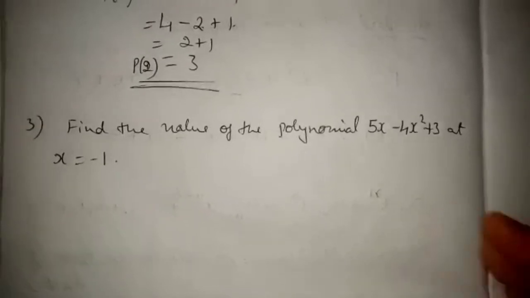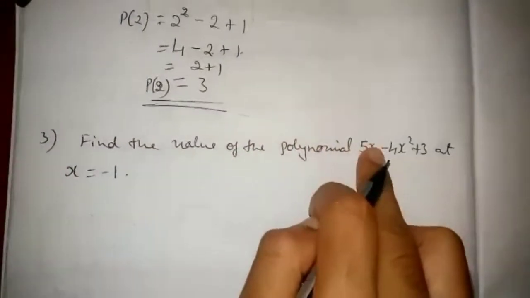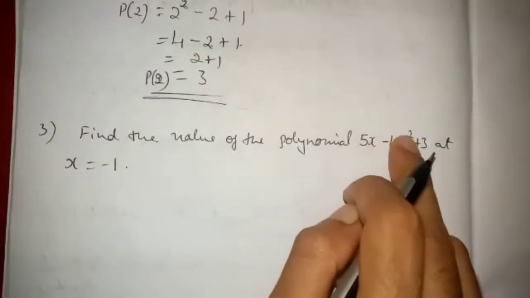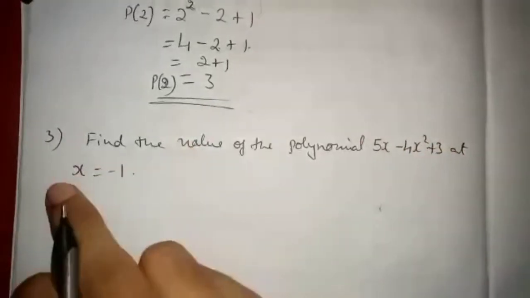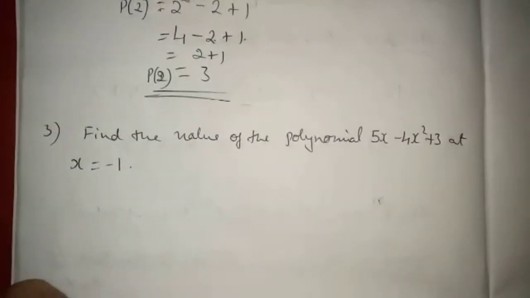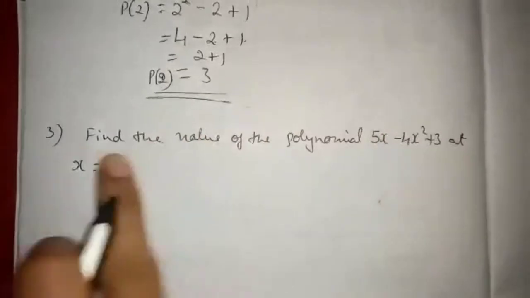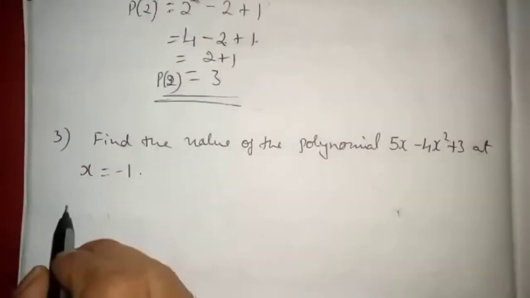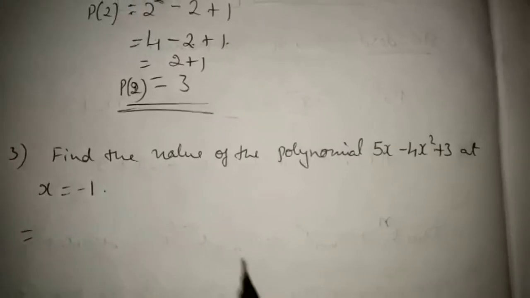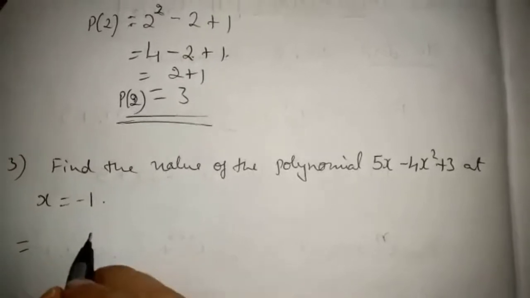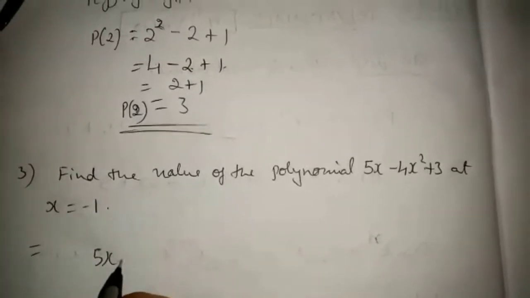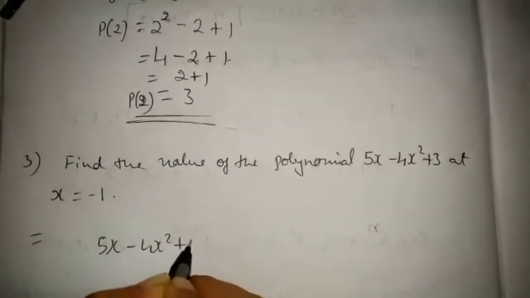Next, third question. Find the value of the polynomial 5x minus 4x square plus 3 at x equals to minus 1. So you have to find the value of the polynomial when x equals to minus 1. So we will write the polynomial: 5x minus 4x square plus 3.